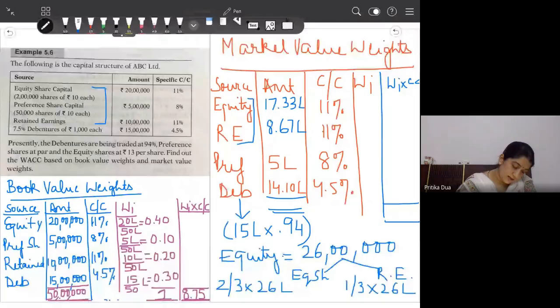So this is 39 lakh 10,000. Now you can calculate the weights. Sorry, I have not taken the total correctly. It was 26 lakh, so 26, 41, 45 lakh 10,000. Now calculate the weights.